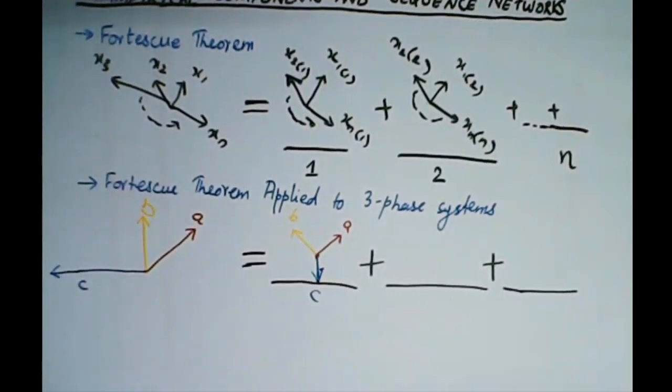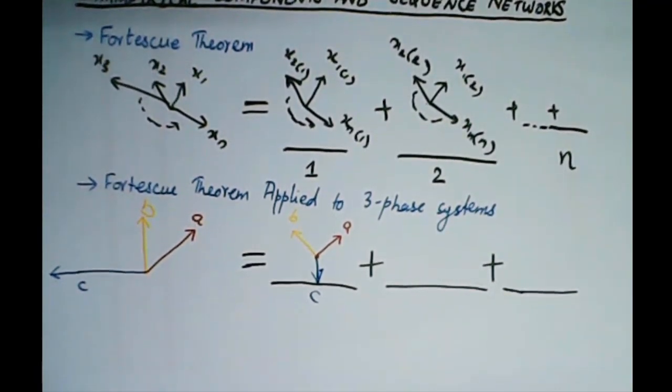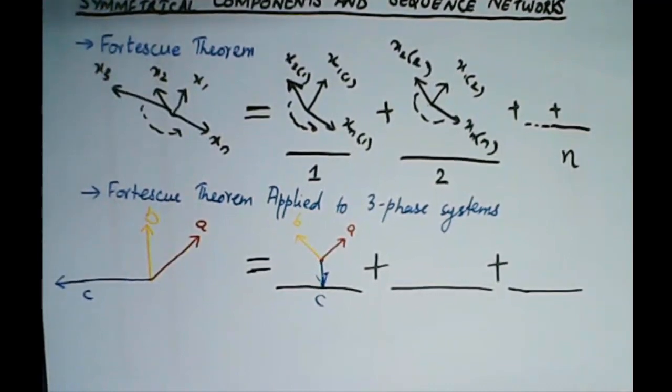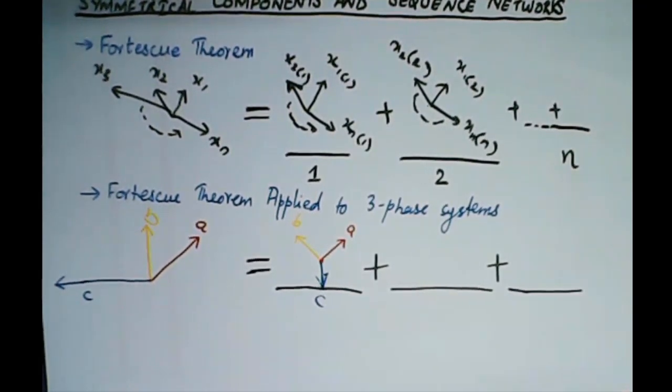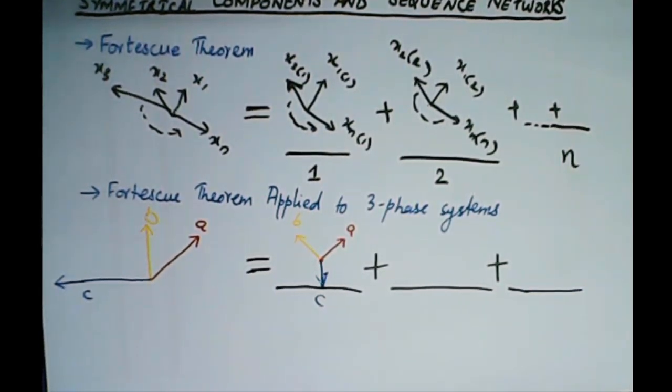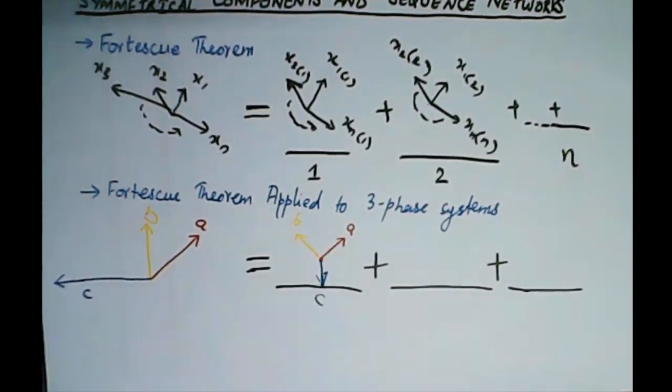Now why is it called the positive sequence? Because we know that phasors are continuously rotating. It is referred to as positive sequence because the direction of rotation is the same as the original set of unbalanced phasors. Only the magnitude will change, definitely. The angular difference will here be exactly 120 degrees.